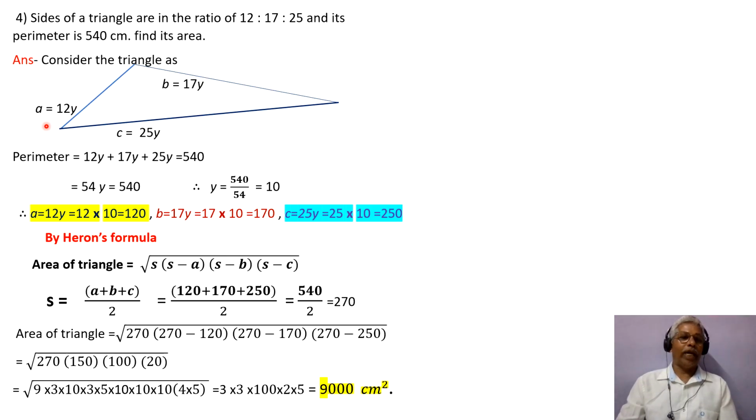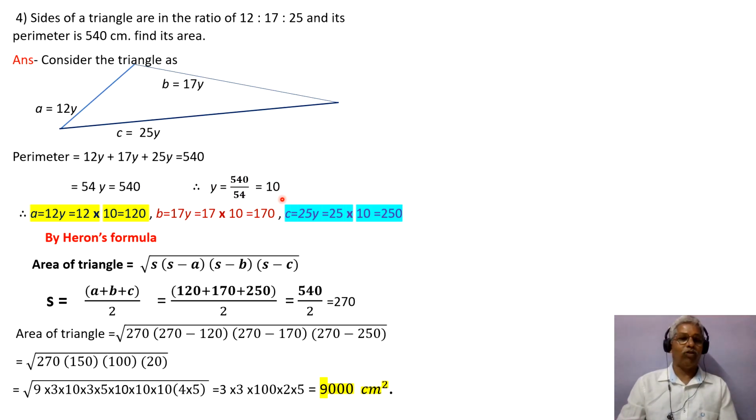So A is equal to 12y, B is equal to 17y, and C is equal to 25y. Now all these sides are in this ratio. So the perimeter is 12y plus 17y plus 25y, that is given as 540. This addition is 54y equals 540, or y equals 540 upon 54, which is 10.